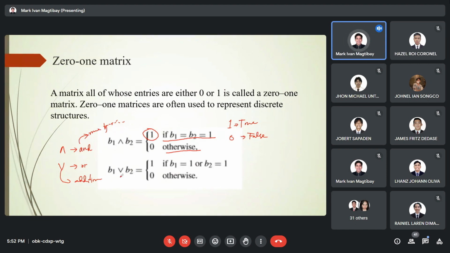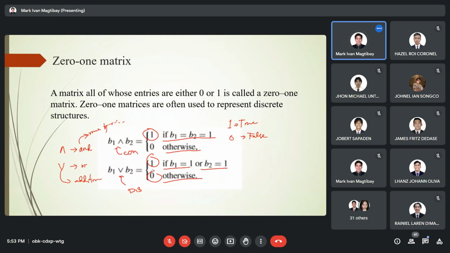And then sa disjunction naman, ang condition po niya para magiging 1 po yung ating result is either isa lang po sa kanila or both ay maging 1 po yung input. Otherwise, 0 po yung kanyang output.